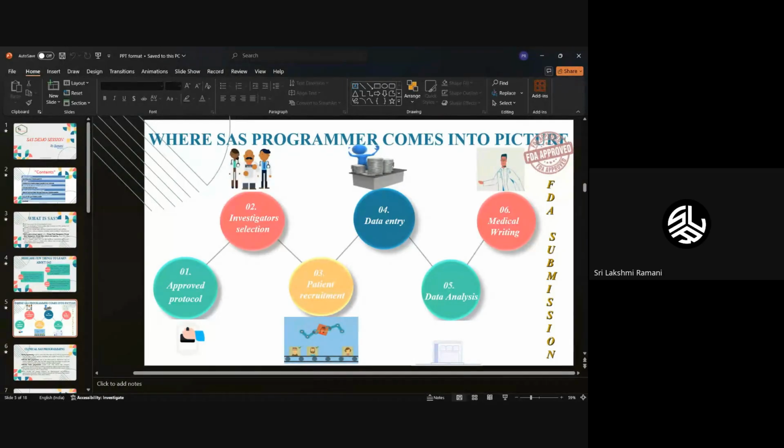Faisal is asking about the third point. The third point is patient recruitment. For the clinical trials, we need both doctors and volunteers. Volunteers are patients, on whom we will do the clinical trials. We will take the subjects. In the same way as we took the doctors into the script, we need the patients also.